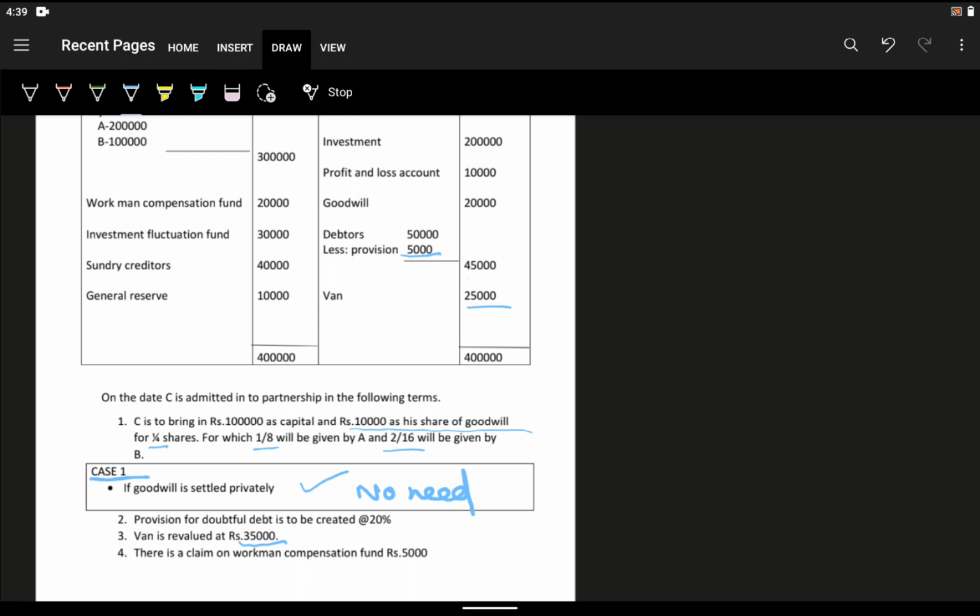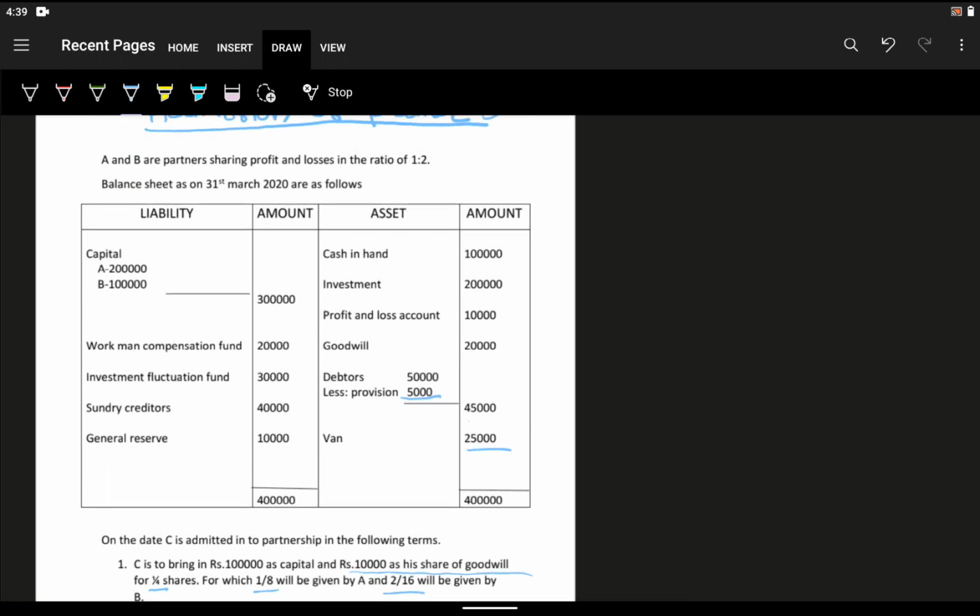You can see in the balance sheet the workman compensation fund is already 20,000. Actually this workman compensation fund comes under accumulated profits and losses. What are the things coming under accumulated profits and losses? Workman compensation fund, investment fluctuation fund, general reserve, goodwill, and profit and loss account.